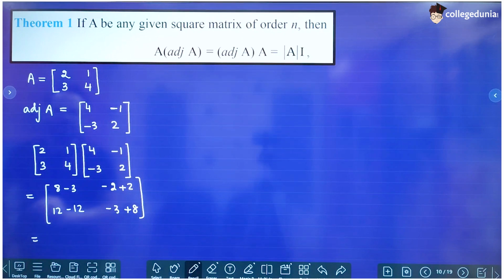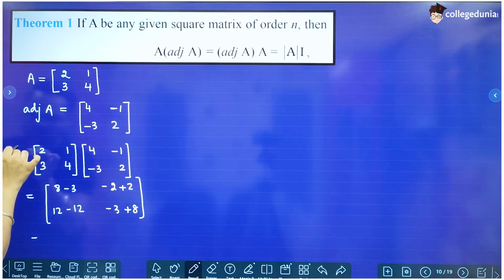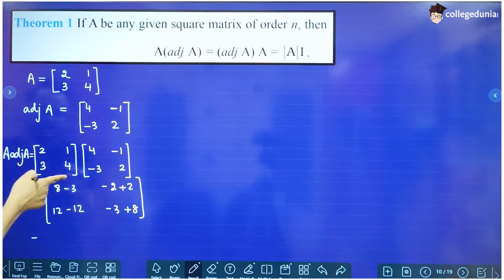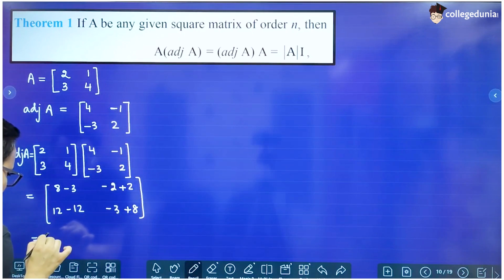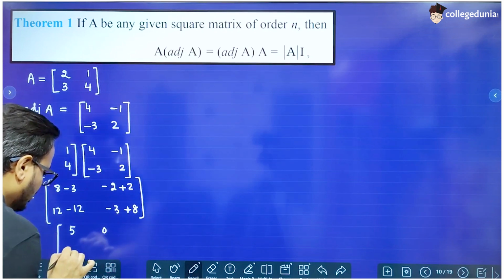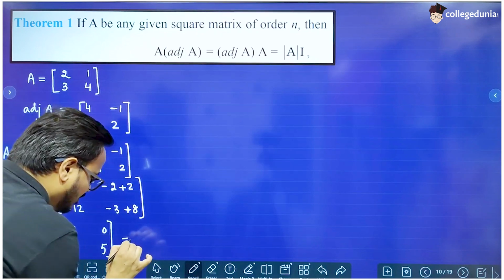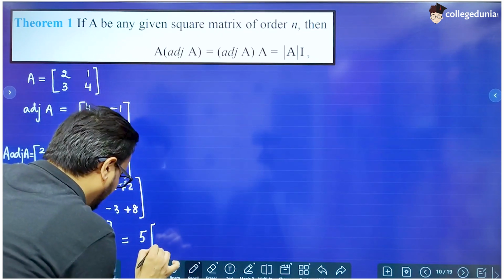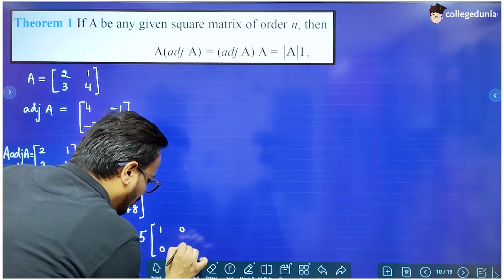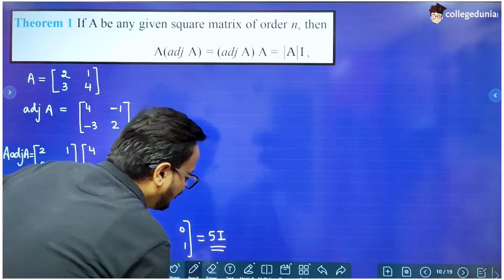This is A into adjoint A, which is 5, 0, 0, 5. If 5 is taken common, we can write it as 1, 0, 0, 1, which is an identity matrix. So we can write it as 5I.